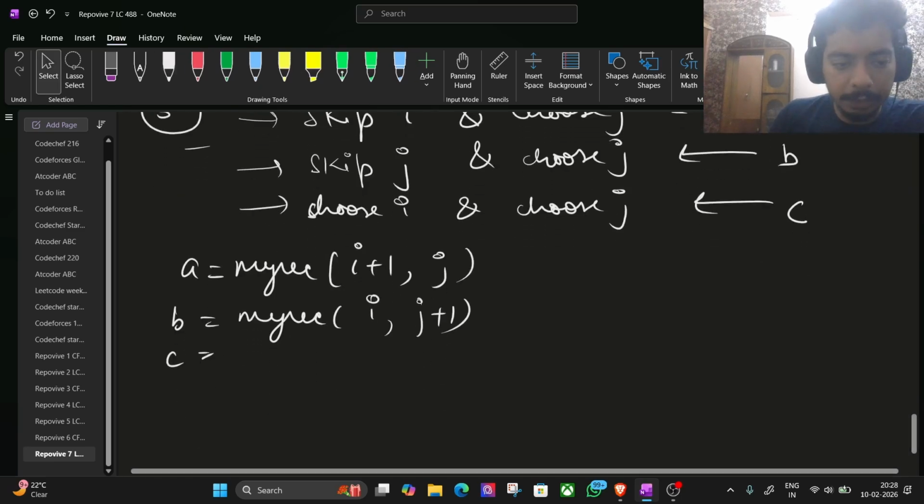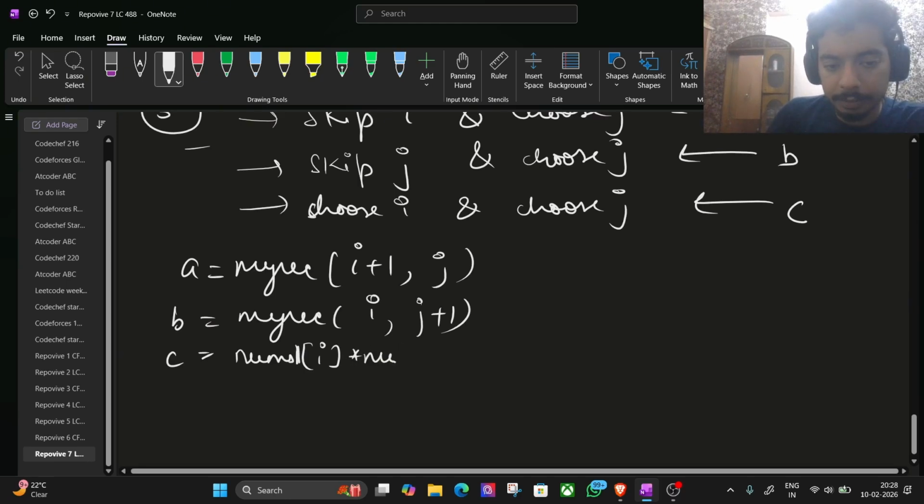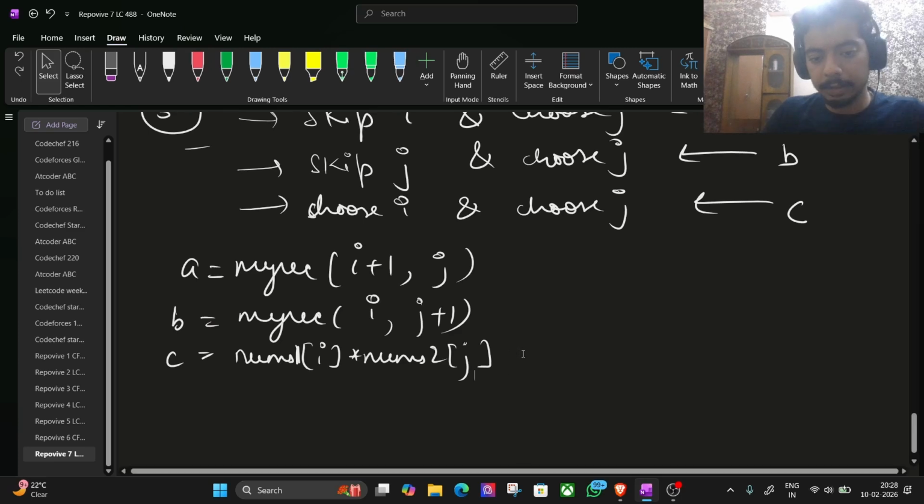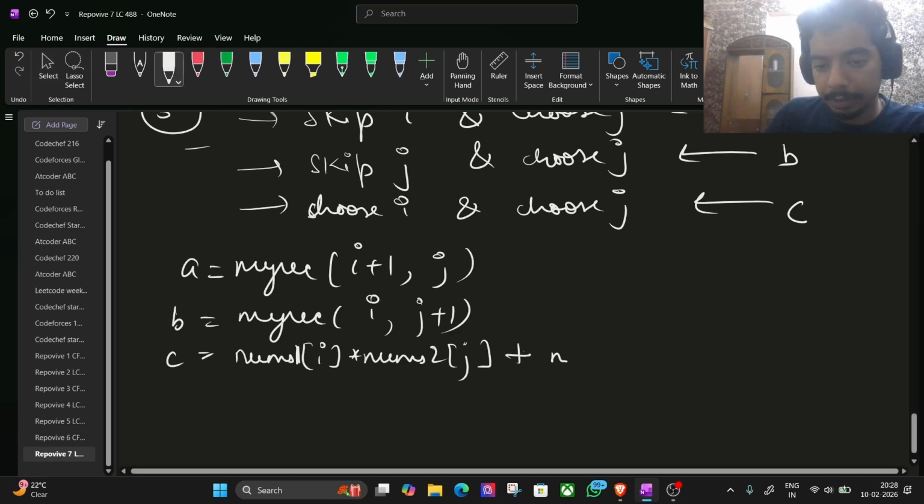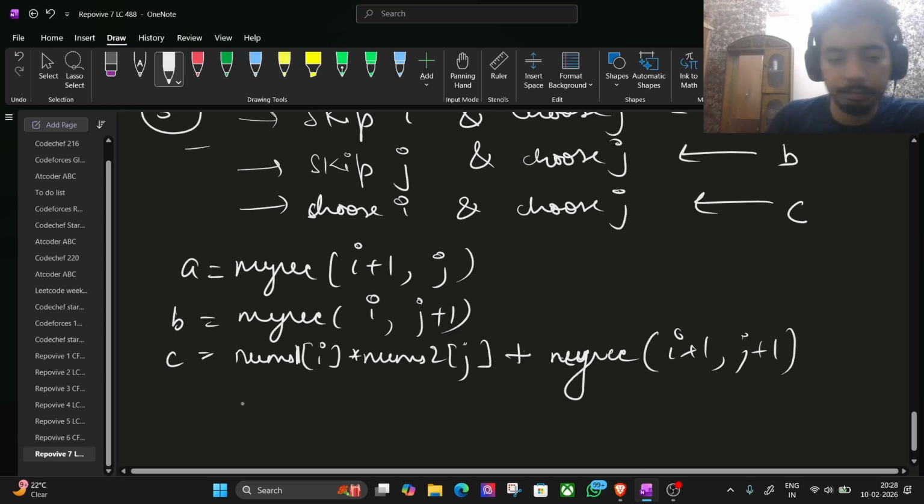So it will be the multiplication of nums1 I multiplied by nums2 J, and then it will be a sum. Sorry, so then you will take the sum of that with the recursion of I plus 1 and J plus 1 because you chose both the indexes.